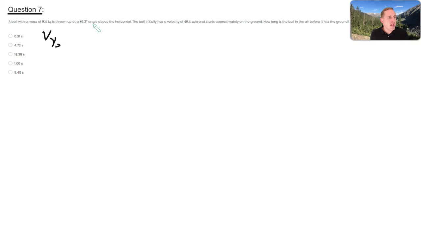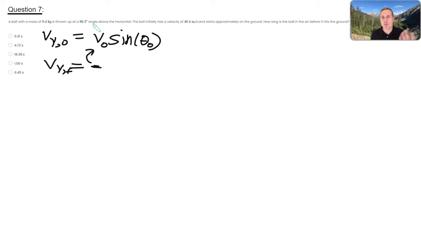So let's start writing these kinematic variables down. Vy initial is going to be the y component. Because it's launched at an angle, that's going to be V initial times the sine of theta initial. Hopefully you see how I got that. Vy final, it's just going to be the negative of this, so it's no more information. We don't really need to use that.